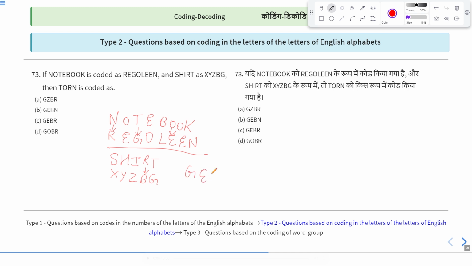Tone is nothing but G, A, R, P. Curve. GEPR is the answer, which is option number C.